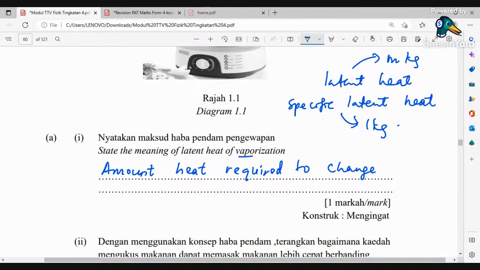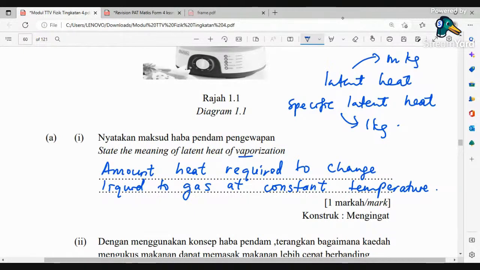Ini vaporization, maksudnya ialah liquid to gas or steam. Change liquid to gas. No mention about mass. Okay, so we keep for any mass.